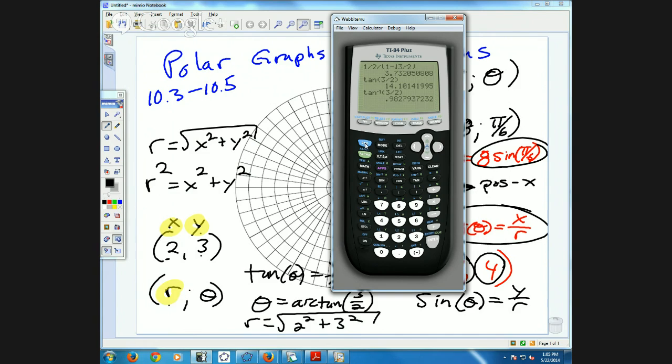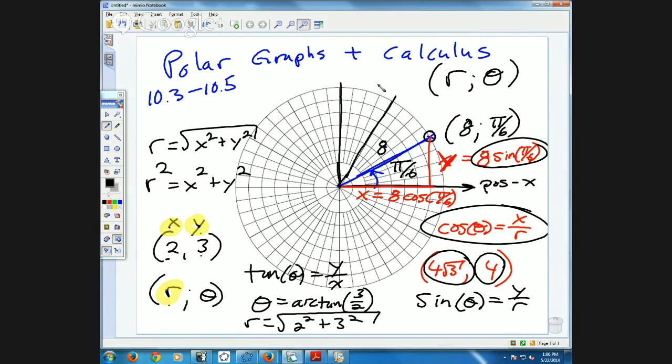And then my radius is going to be the square root of 4 plus 9, which is the square root of 13. So it's about 3.6. So then I can estimate here that this new point, r is about 3.6 and theta is about 0.98.